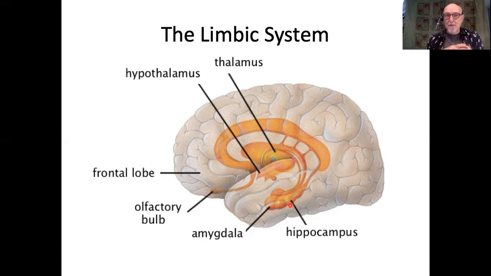And the limbic system is also of great interest to psychiatrists and psychologists, for the simple reason that it is an area which is concerned with emotion and with instinctual drives. It is in the limbic system that the sex drive originates. It's in the limbic system, for instance, that our sense of hunger is strongly lodged.